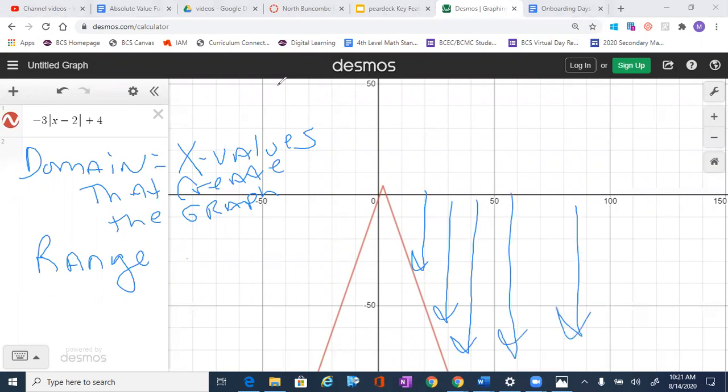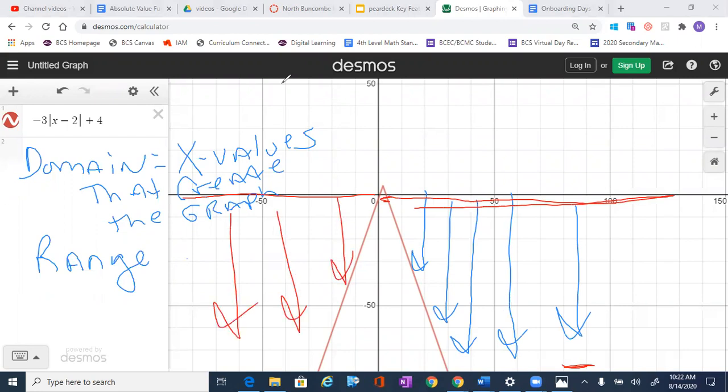There'll be more graph that shows up way, way down here, okay? And what that means, as we're looking for the domain, is that there's graph forming here, here is creating graphs. And what that means is our domain is essentially all real numbers.